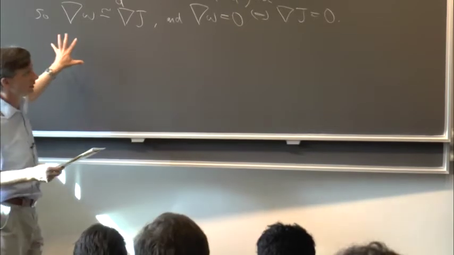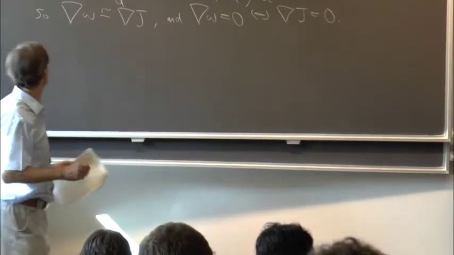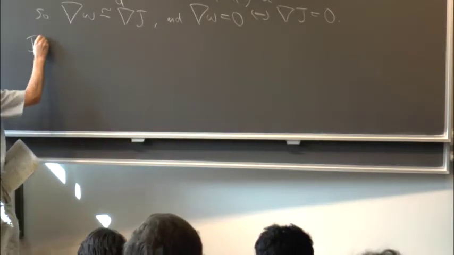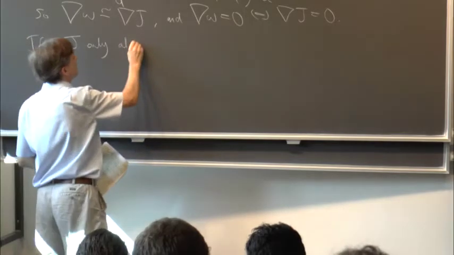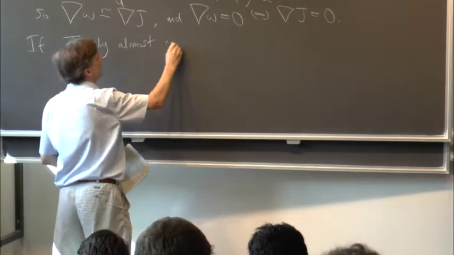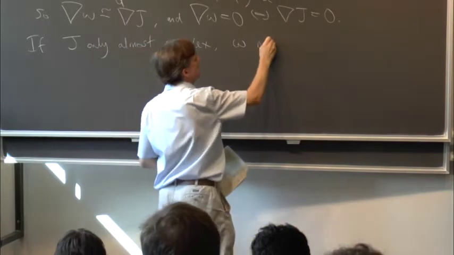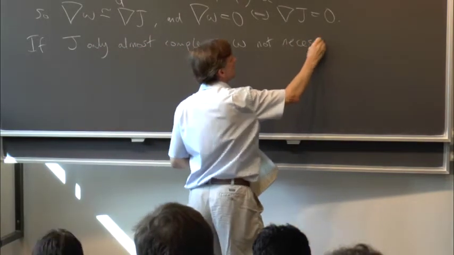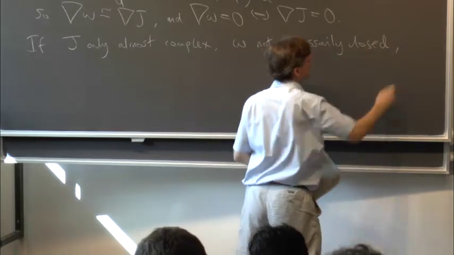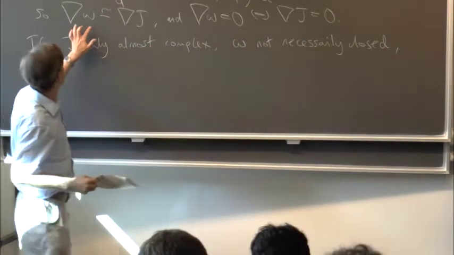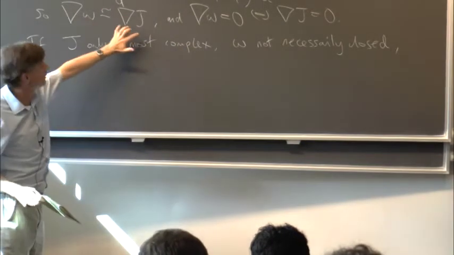Okay, so let's forget for the moment that J is a complex structure and G is a Kähler metric. If instead J is only almost complex and omega is not necessarily closed, then this equation still holds, but these derivatives, nabla omega and nabla J, would not have to be 0.